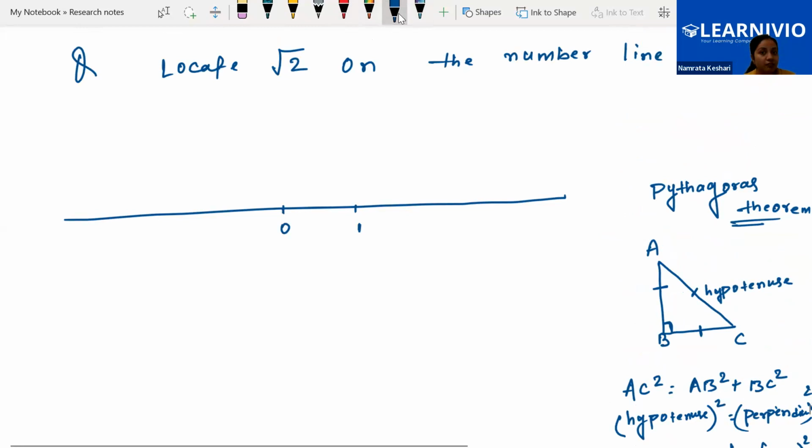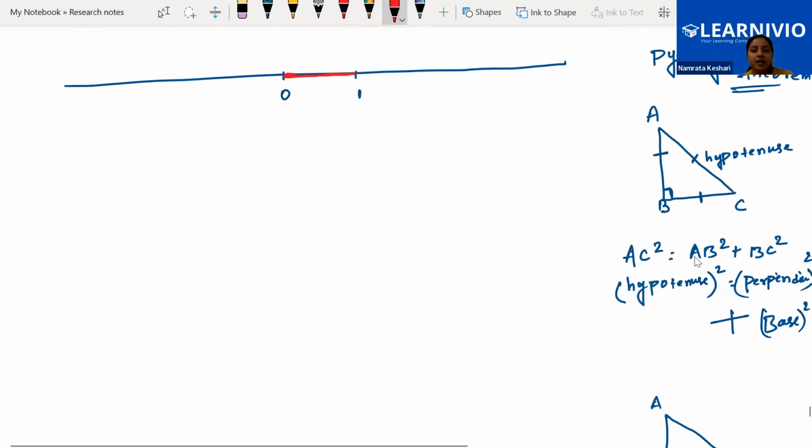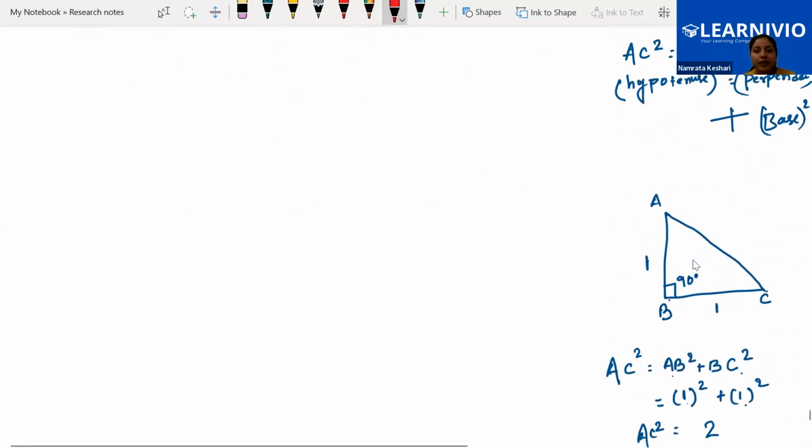The same triangle where we have used the Pythagoras theorem, the same thing we are going to do on the real line. We have realized that to get AC as root 2, we need AB and BC, these two sides, to be 1 unit.